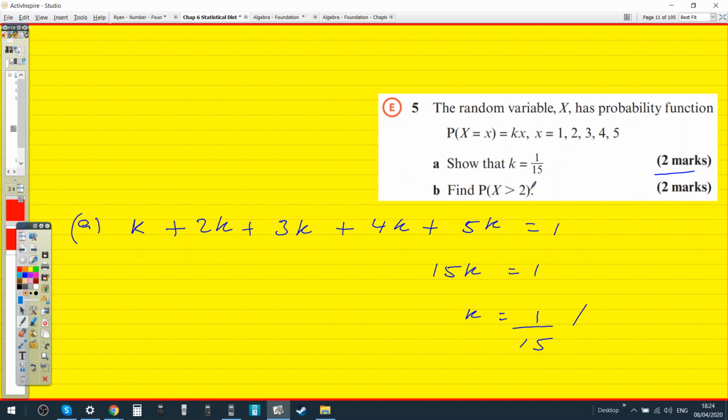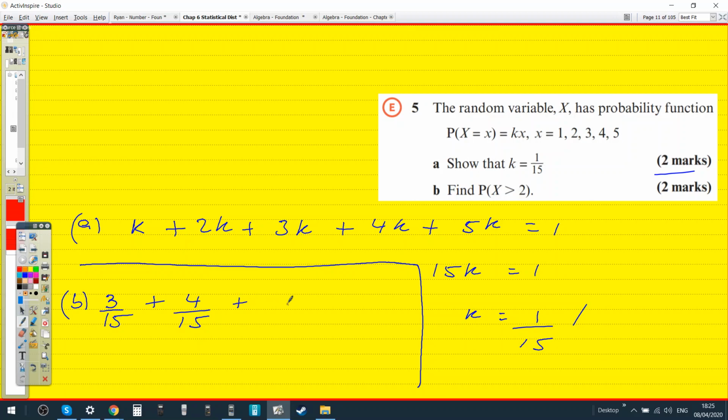Find the probability x is greater than 2. How would you go about that? So for 3, 4 and 5, we would sub in 3 times 1 over 15 plus 4 times 1 over 15 plus 5 times 1 over 15, which gives us 4 over 5.